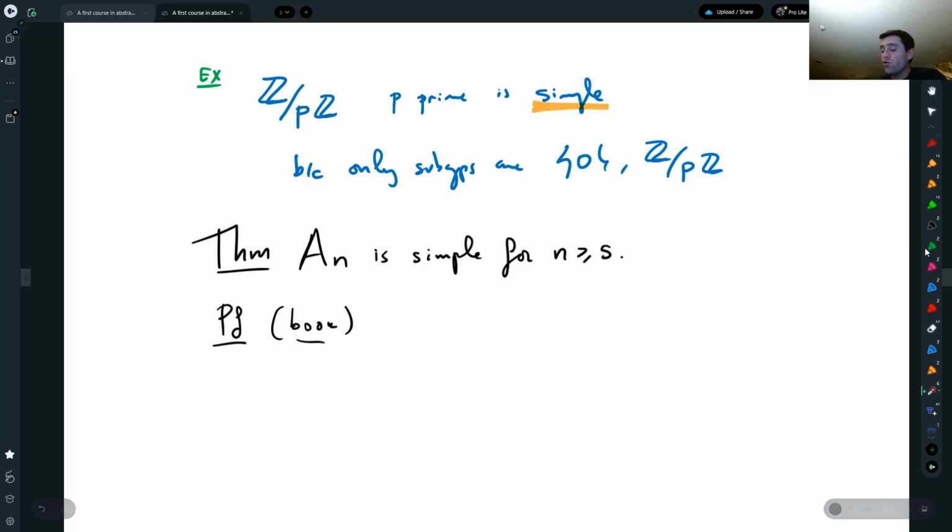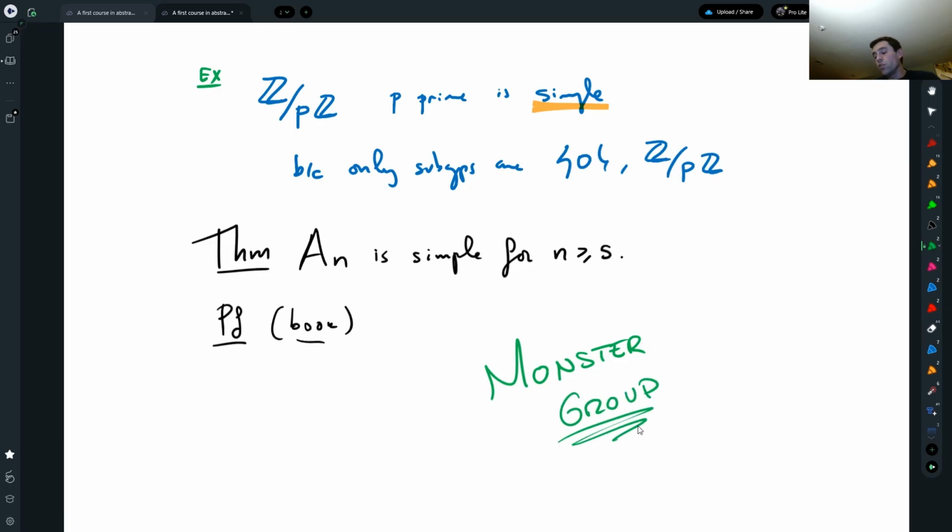The largest of the sporadic groups, those groups that are simple and not in any of these families, is called the monster group, which is a gigantic group. It is known to be simple and is the largest of the sporadic groups. If you want to read more about the monster group, that is a very fascinating topic.